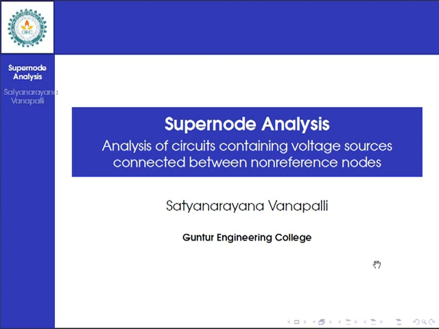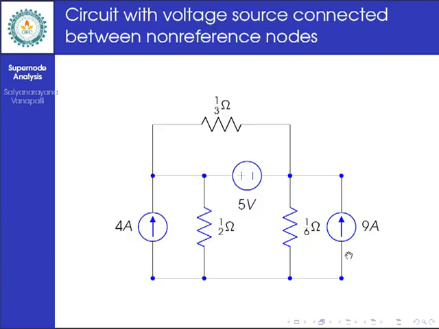Now, coming to the lecture, in the previous class, based upon the type of nodes or the potential voltage assumptions, I told that these nodes can be classified into two categories: a reference node and non-reference nodes.